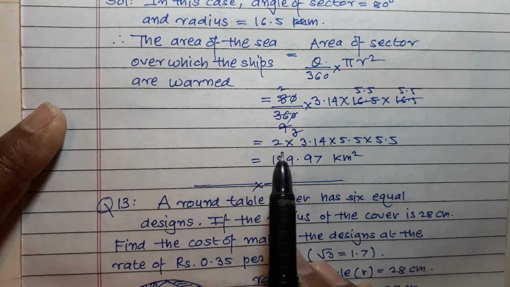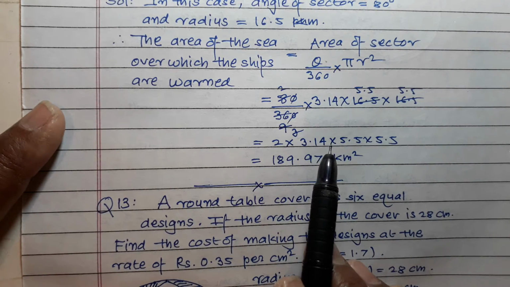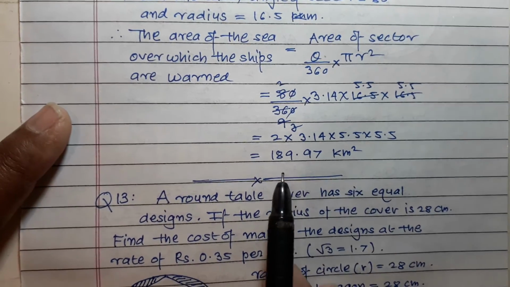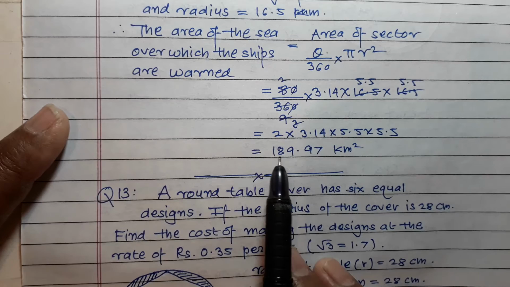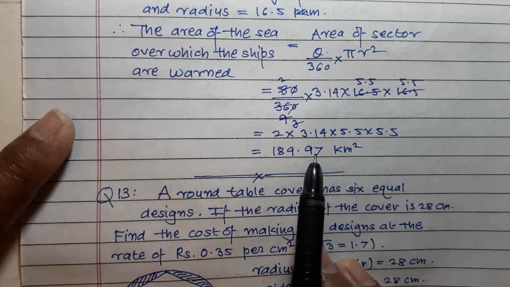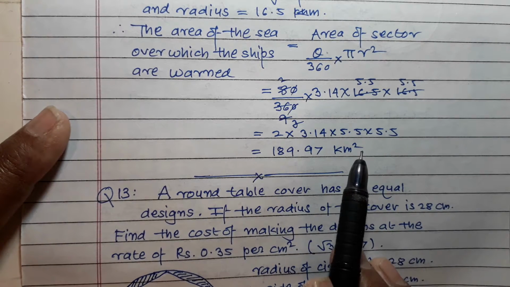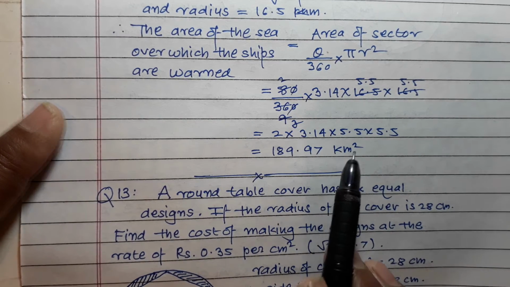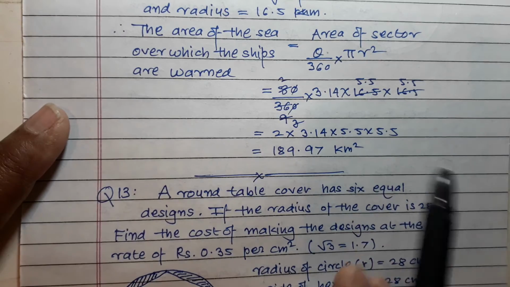Simplify this, you will get 2 into 3.14 into 5.5 into 5.5, which is equal to 189.97 kilometers square. So approximately it is 190 kilometers square.